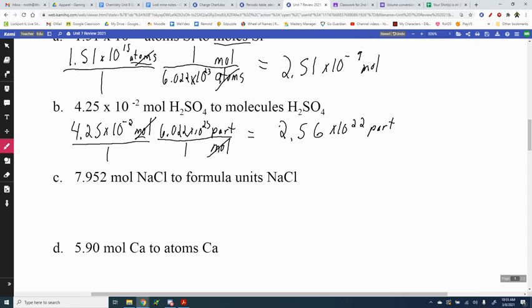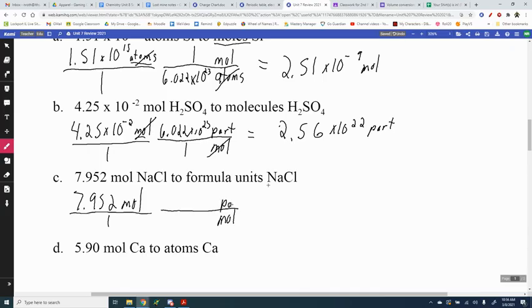All right, next one, 7.952 moles over 1. We put our moles on bottom. Our first conversion factor is always to moles, but we are starting with moles, so we can just go right to formula units.